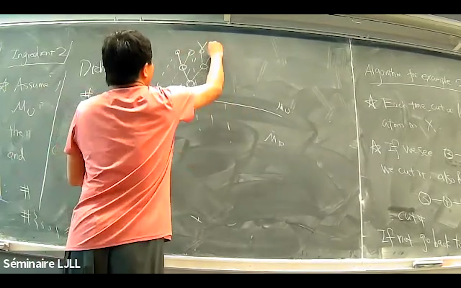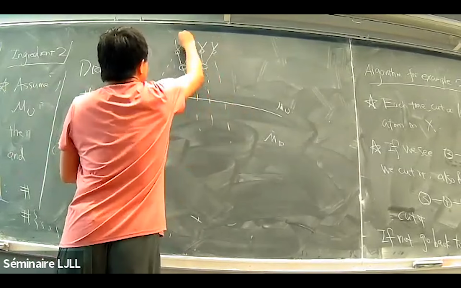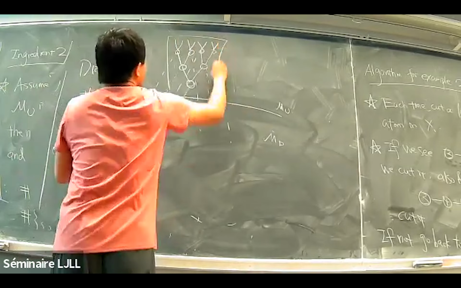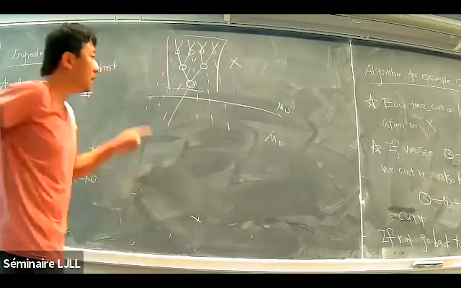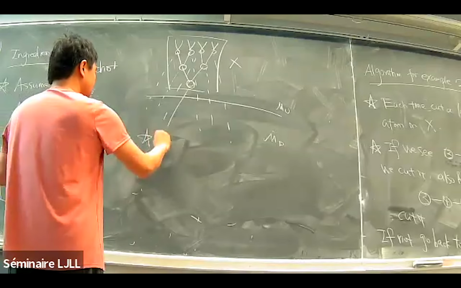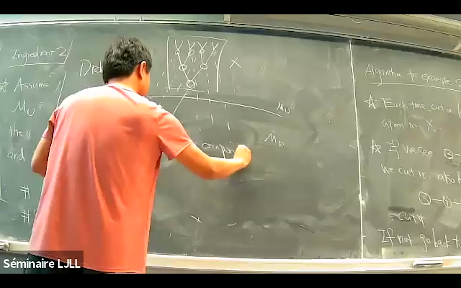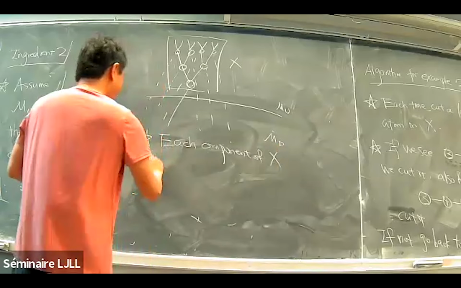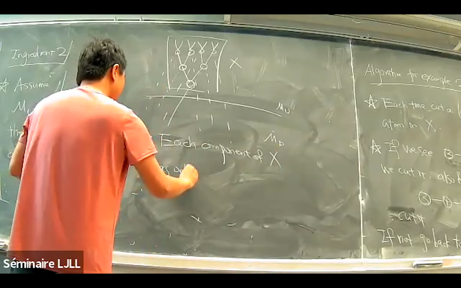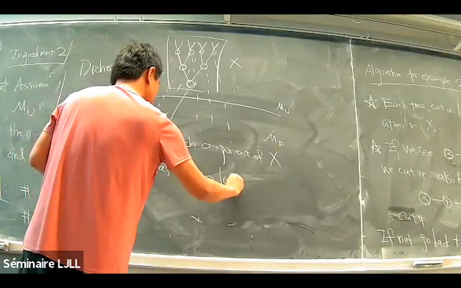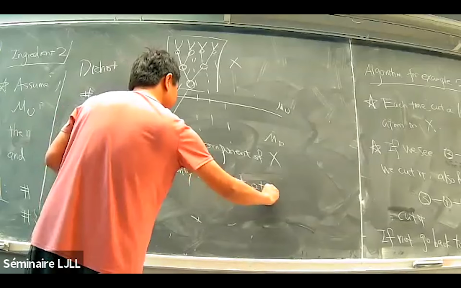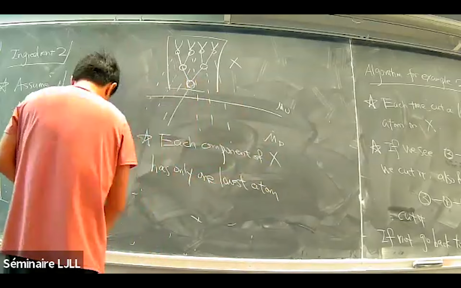You have to keep going up, which means that each connected component of X has only one lowest atom, which is this thing here.